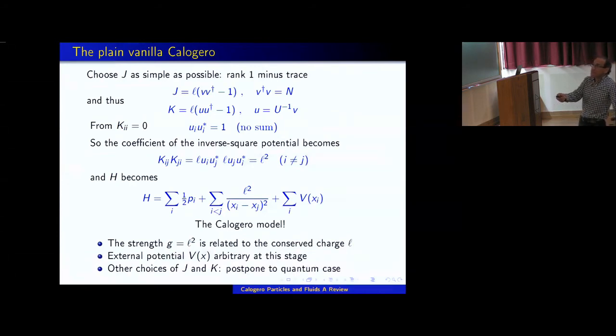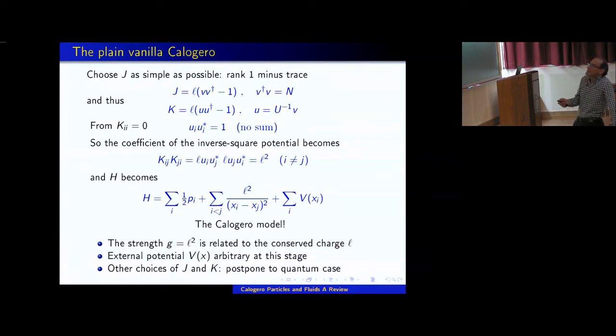Because of the condition Kii equals 0, we realize that Ui star Ui equals 1, because the diagonal elements here are Ui star Ui minus 1. So without any sum, it tells you that the length of this vector must be 1. It can be time dependent, but it has to satisfy this condition.